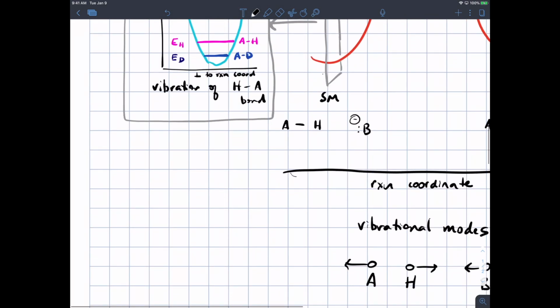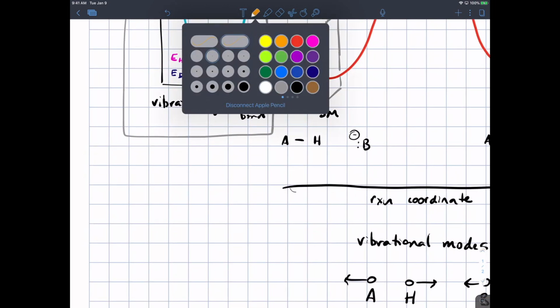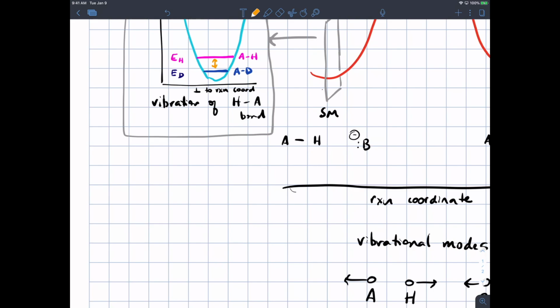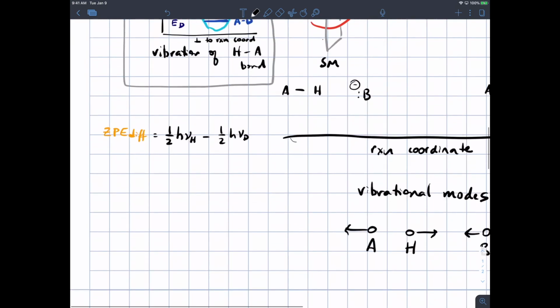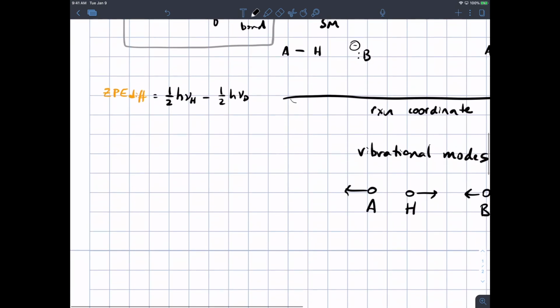And the difference in energy, we're going to call that the zero point energy, right? Zero point energy difference should equal 1/2 times Planck's constant times frequency of hydrogen vibrating minus 1/2 Planck's constant times frequency of deuterium vibrating. Okay, with me so far?